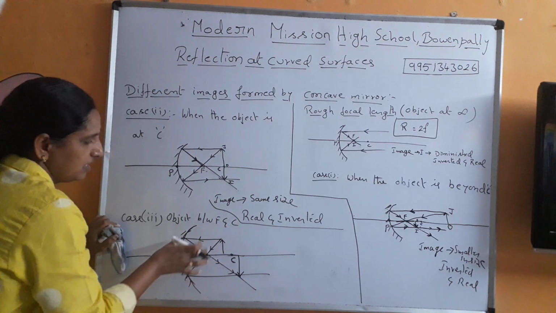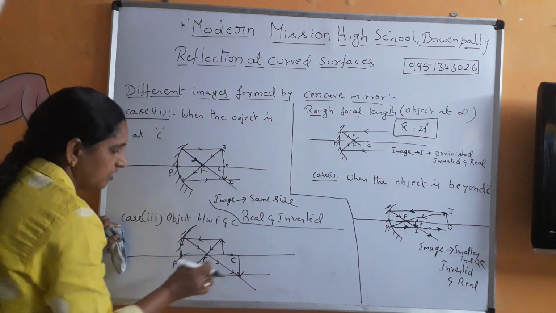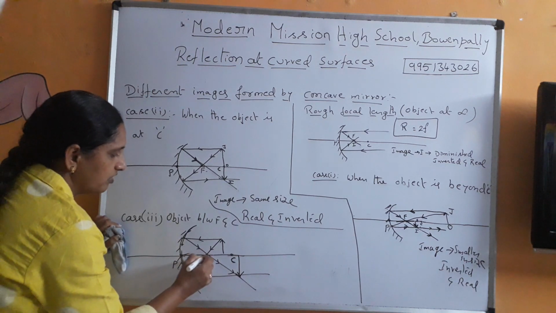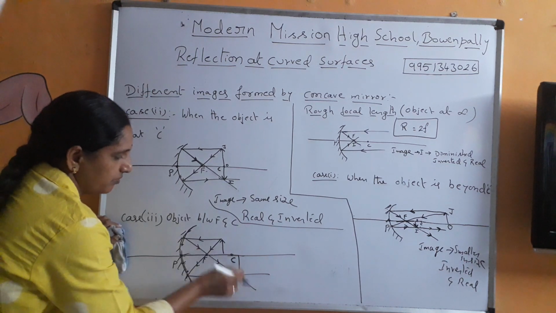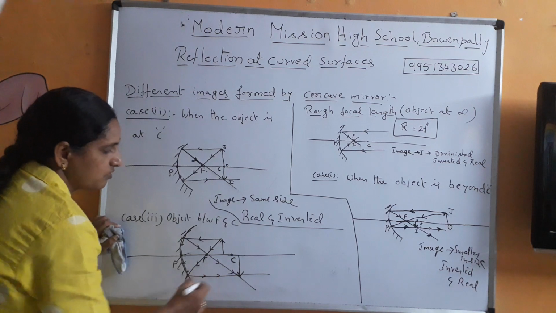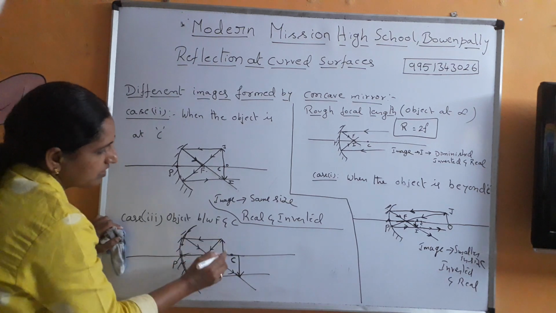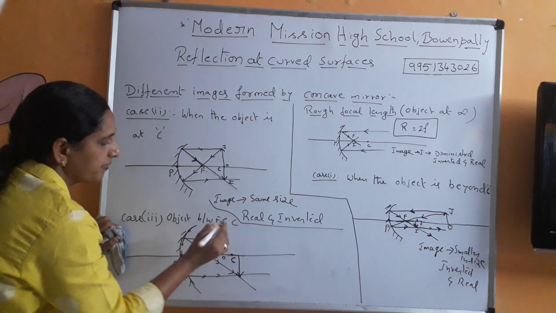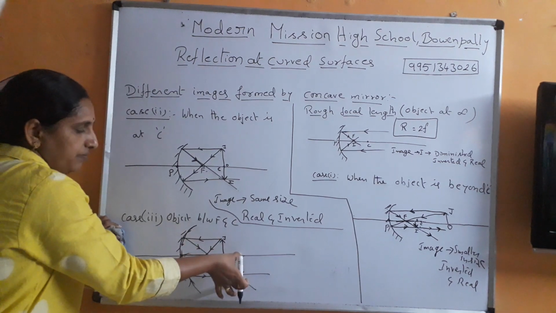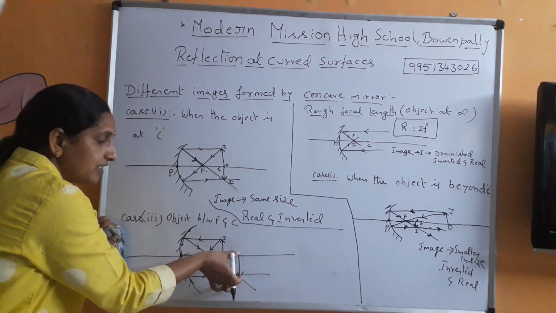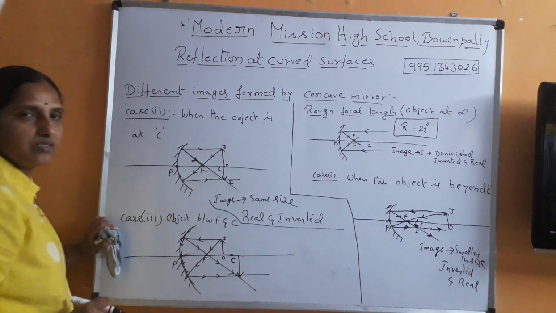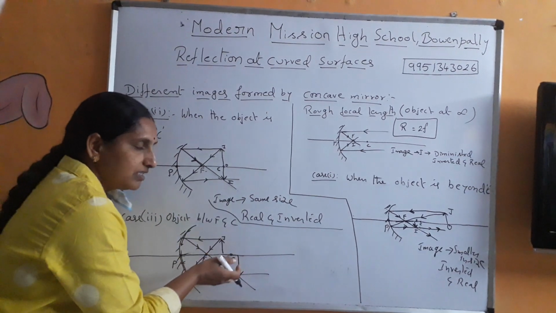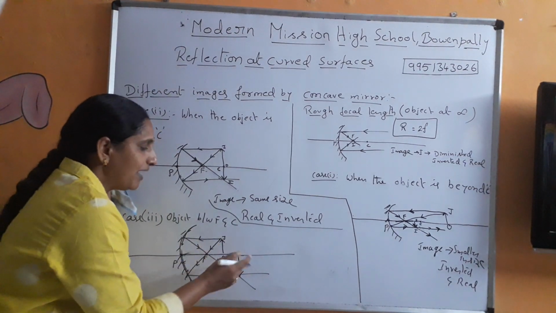This is the incident ray, this is reflected back, passing through focus. When you locate the focus exactly, you will get the image exactly. And this is the one which is parallel. So can you see, this is the object and this is the image. So that means there is an increase in the size. We call it magnified.